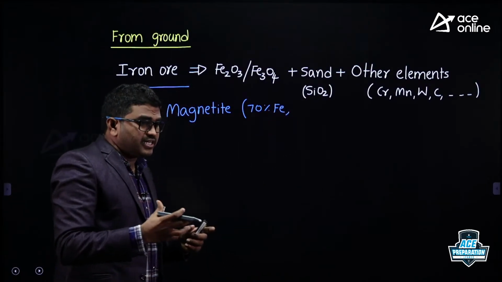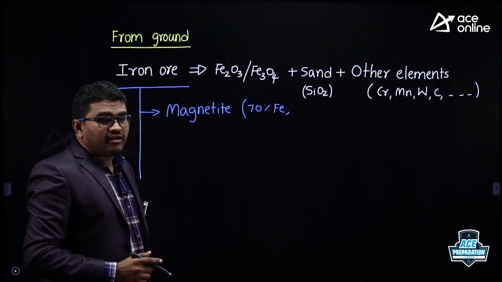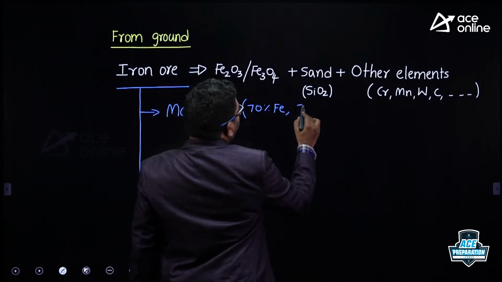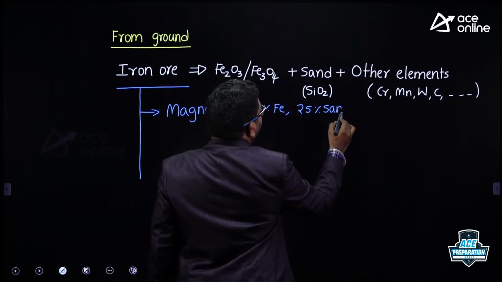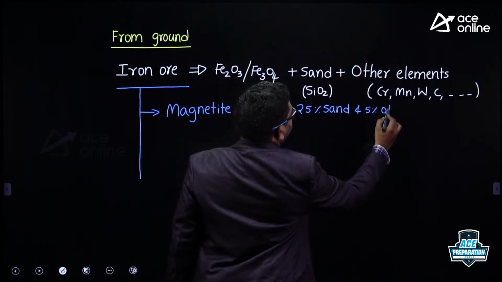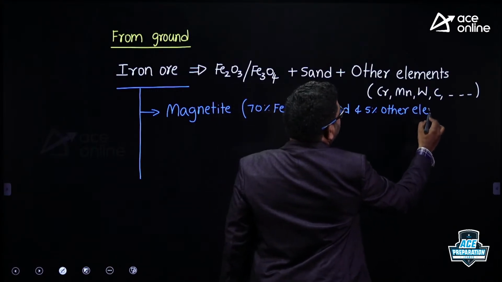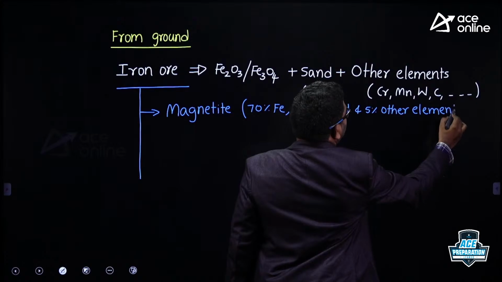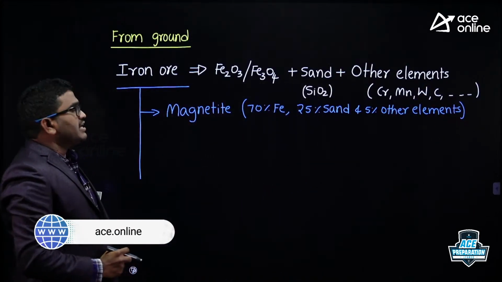If you consider magnetite iron ore, it has 70% iron, some 25% sand, and 5% other elements. This is magnetite.